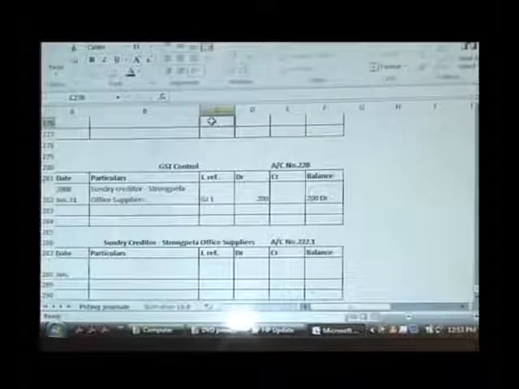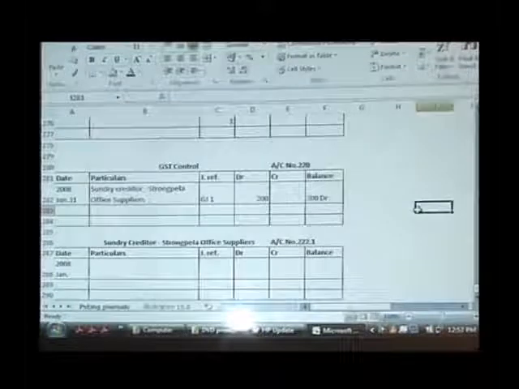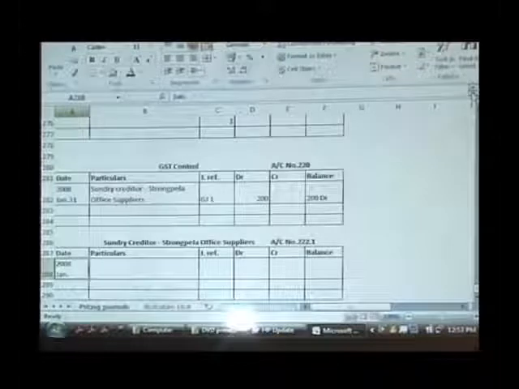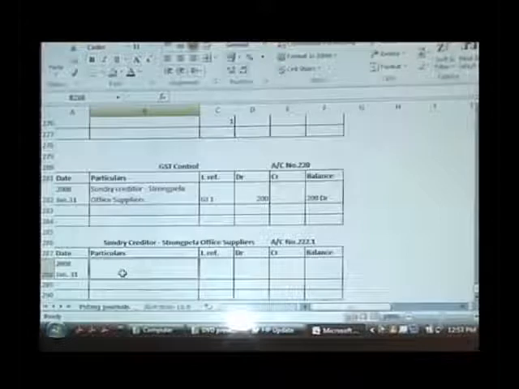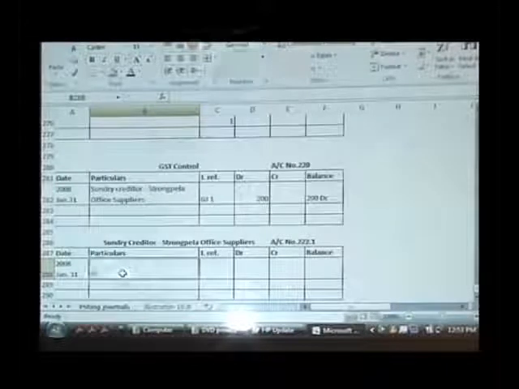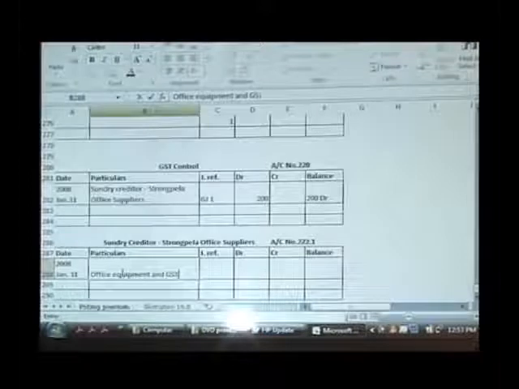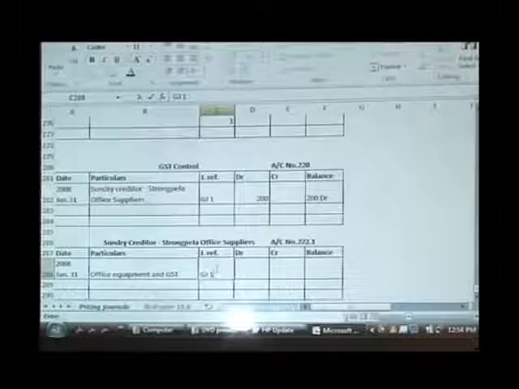Date 31st. Particulars of the equipment and GST, again from General Journal, page number 1.